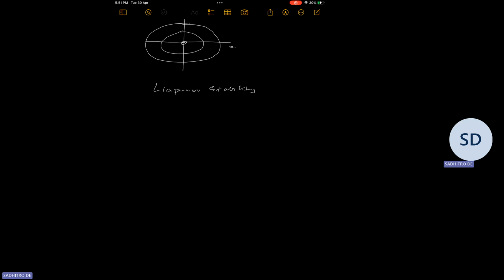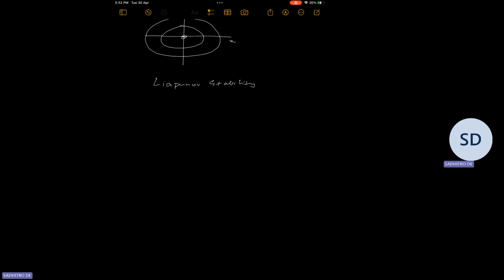Similarly, an attracting fixed point may not be Lyapunov stable because it can have unstable manifolds which can drive the system away. So we call a fixed point a stable fixed point if it is both Lyapunov stable and an attracting fixed point. And if the fixed point is neither attracting nor Lyapunov stable, it is unstable.